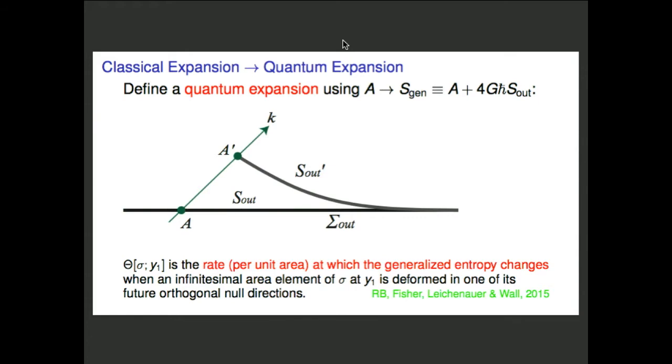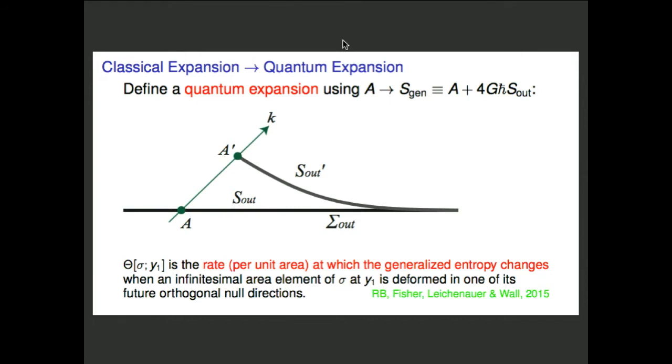So this quantum expansion is going to be a capital Theta, the rate per unit area at which the generalized entropy changes. It's just the obvious generalization. Instead of asking at what rate does the area change as I move away from my surface, at what rate does the generalized entropy change.